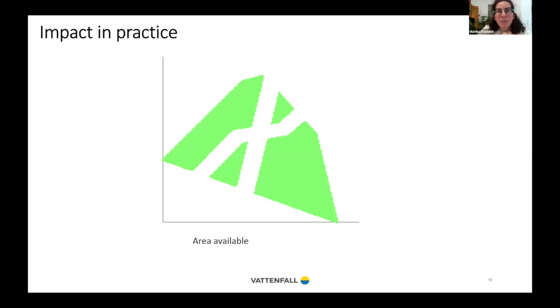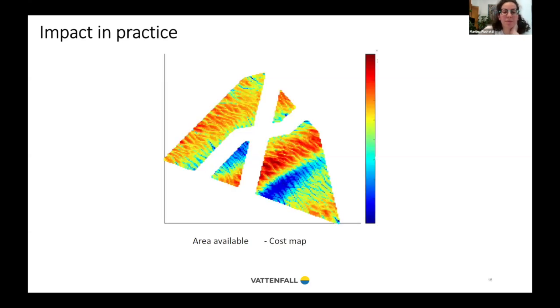Since we used a discrete method, we discretized the site. For us, it's very easy to consider this in the optimization because simply we don't put possible positions in there, and that's it. So the green area is where we can place turbines. At the same time, in this site, they have very complex soil conditions.